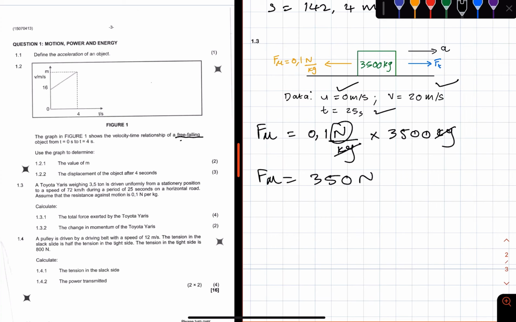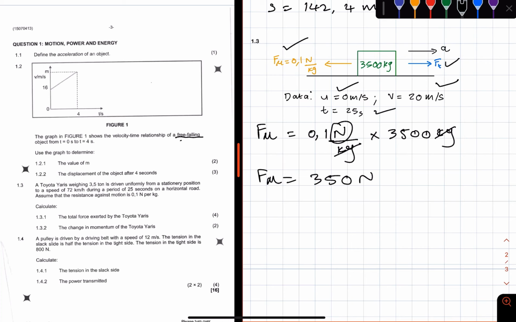Now, obviously this object is in motion, meaning there was a force that was applied. The force being applied is Ft, or F sub t, which we know is the total force applied. And whenever an object is moving in any direction, opposing the motion, you get the frictional force.